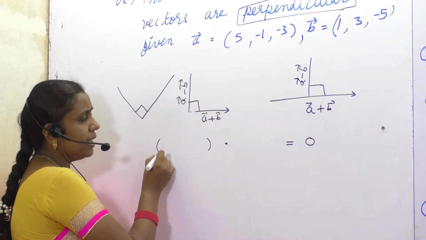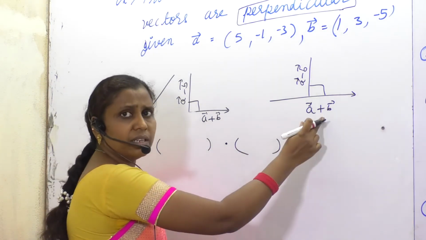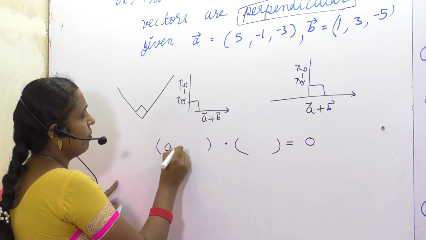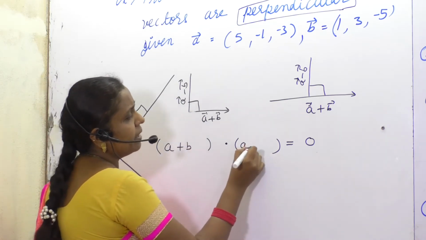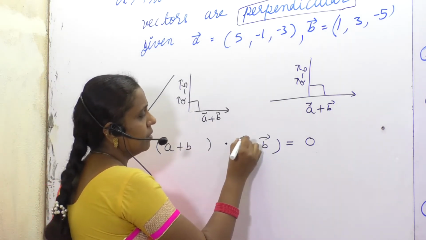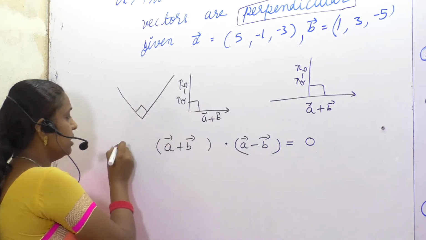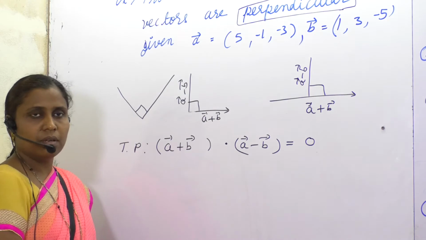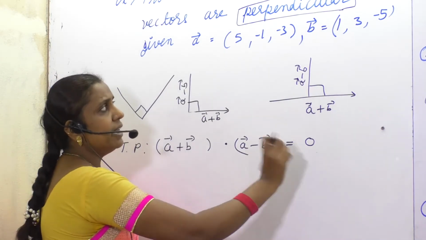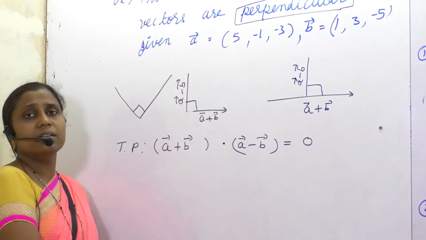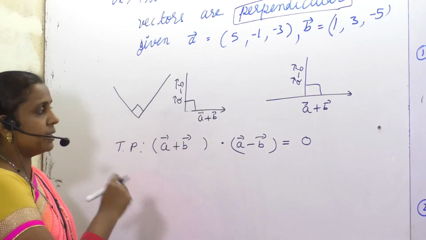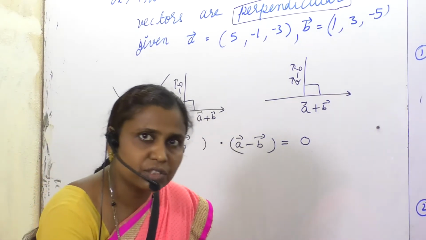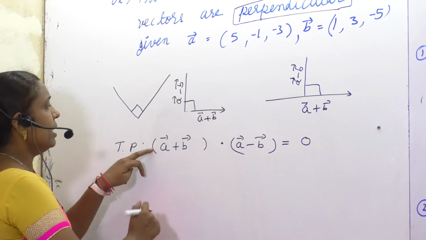First one A plus B, second one A minus B. So this is to be proved. If we prove this statement, then we can say the two vectors are perpendicular to each other, right?